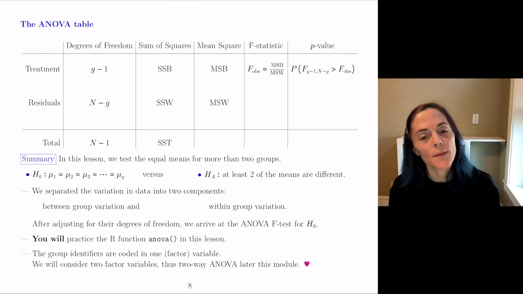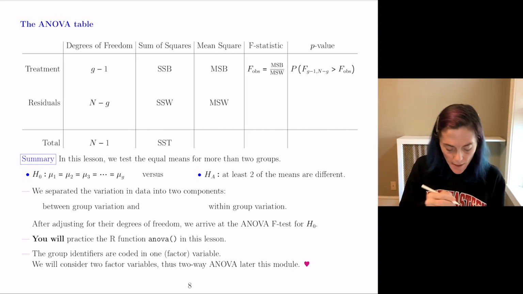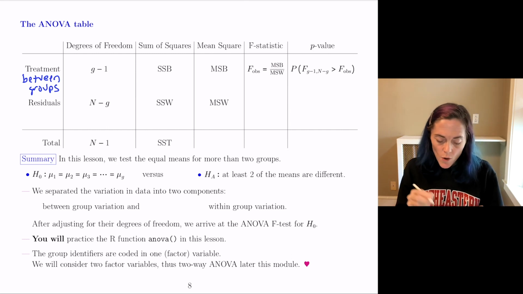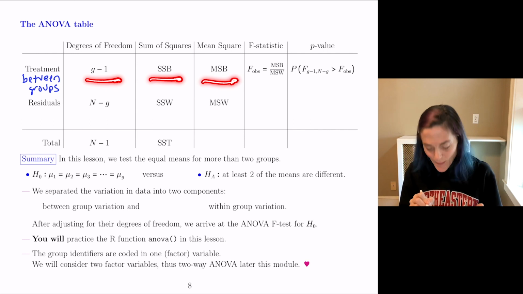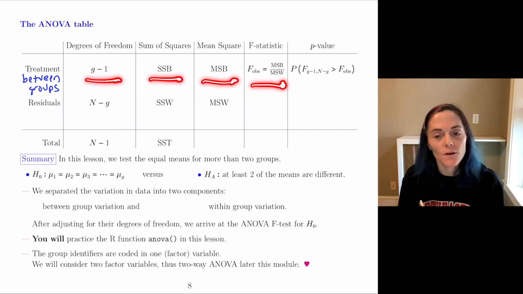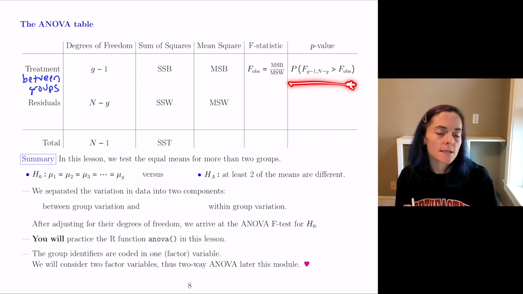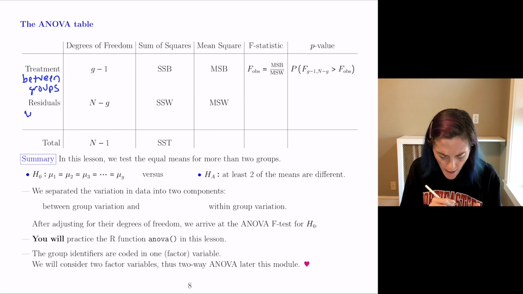So the ANOVA table, what we see here, this first row, treatment or between groups, we see listed degrees of freedom, sum of squares between, mean square between. We have our observed F statistic, and then our p-value of the ANOVA test. The second row, residuals, it's also known as within groups.